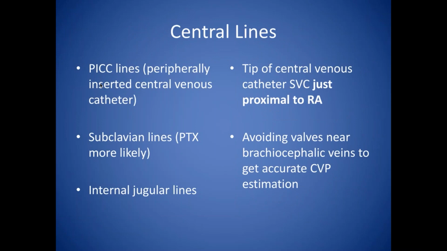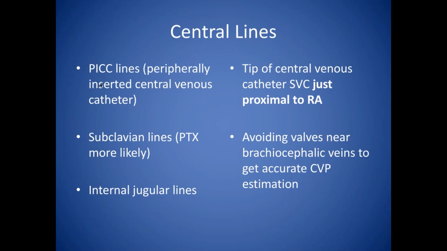What about central lines? Well, there are 3 different types. The one most often used is the subclavian line. This can lead to pneumothorax, and care should be taken. A PICC line, a peripherally inserted central venous catheter, is often inserted in the arm, and that can end up with its tip being in one of the central veins.